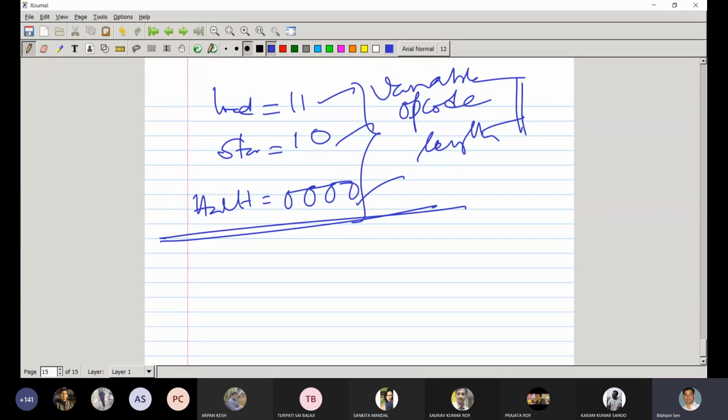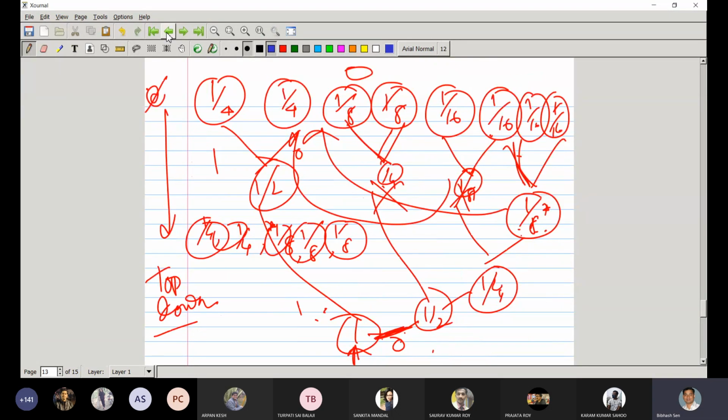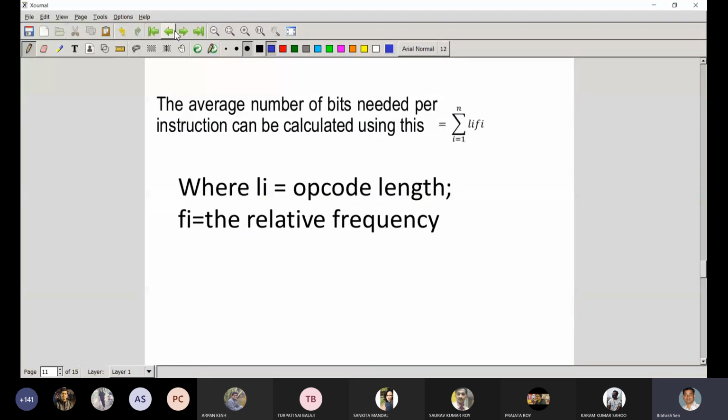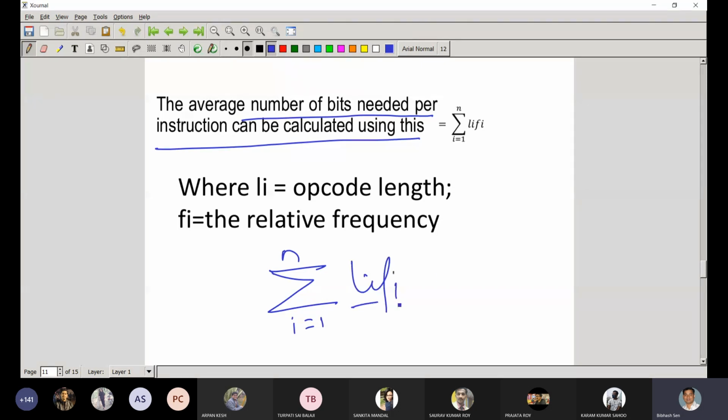The problem is that, as we know earlier, in the case of variable opcode, the average number of bits needed per instruction can be calculated using this formula. That means summation from i equal to 1 to the number of instructions, li fi. Li is the opcode length and fi is the relative frequency.